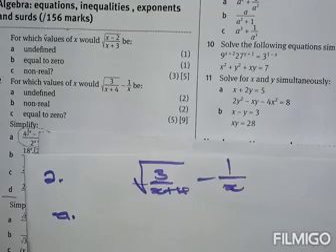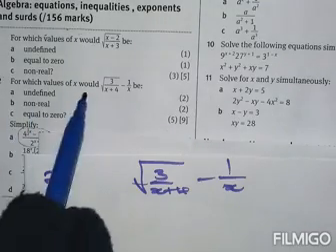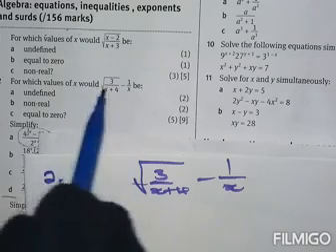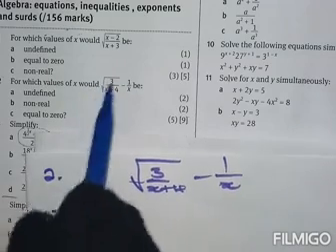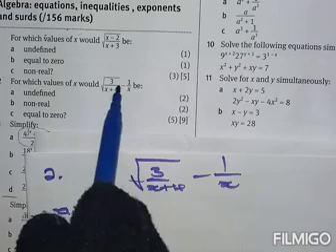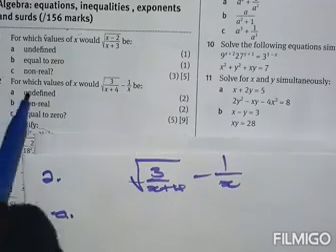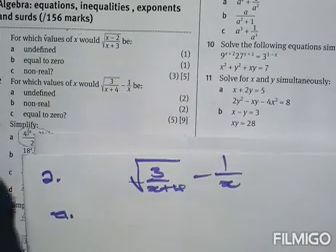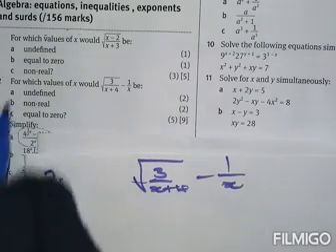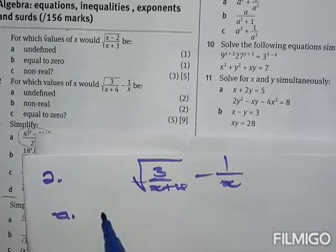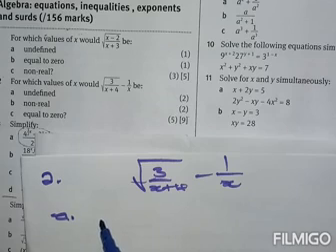Now answering our question number 2, which says, for which value of x will these two terms, the square root of 3 over x plus 4 and minus 1 over x, be, first A, undefined. We know from our first answer and our summary that we can have an undefined expression when we divide by 0.